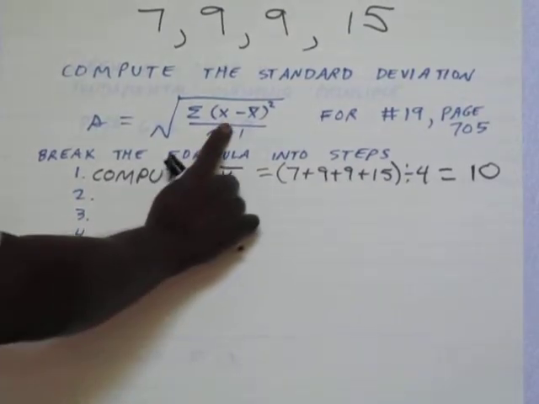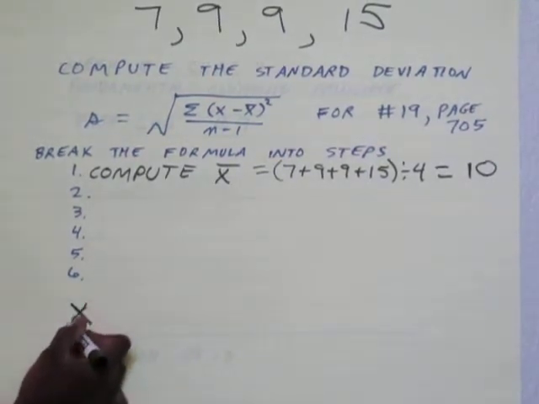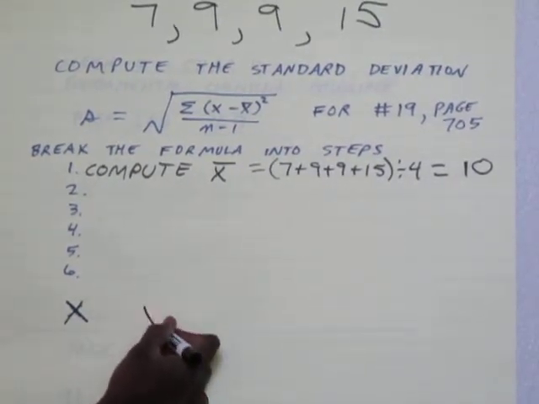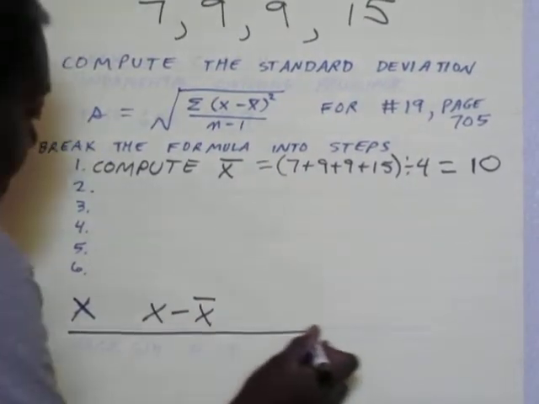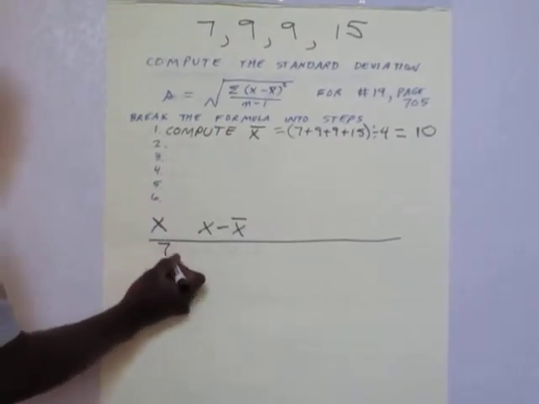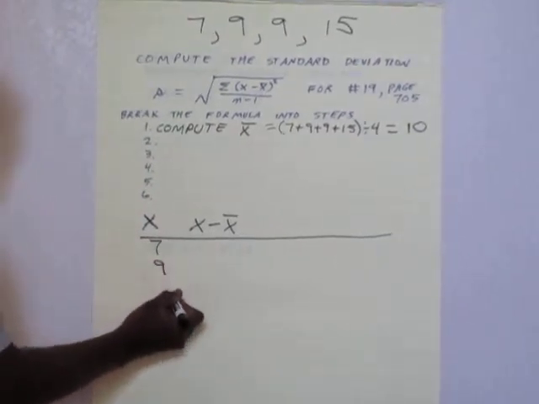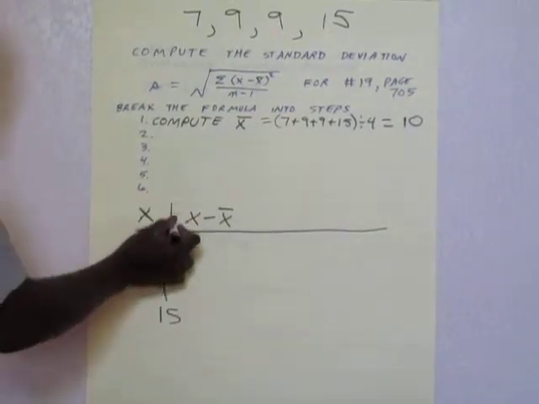Now we want to do what are called the deviations. So for each number x, we're going to do x minus the mean. I'm going to build a little table here. The numbers 7, 9, 9, and 15. There's my list.